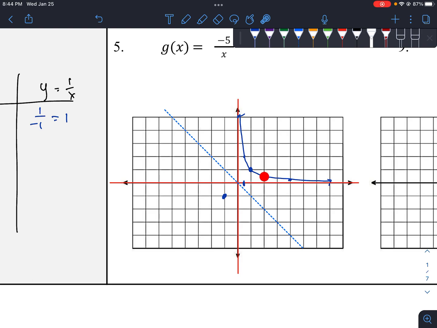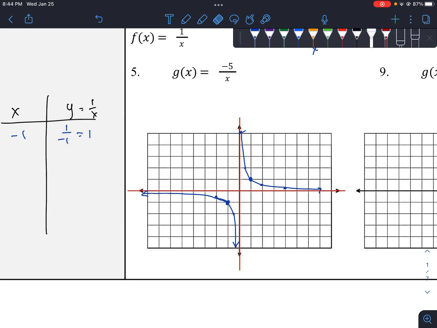And this point right here, which was right 2, up 1/2, well, there's going to be a point over here, left 2, down 1/2. So I usually just use symmetry to graph the rest of my function. And my asymptotes, I just make these lines go close to my asymptote. Okay, so this is the graph of 1 over x.